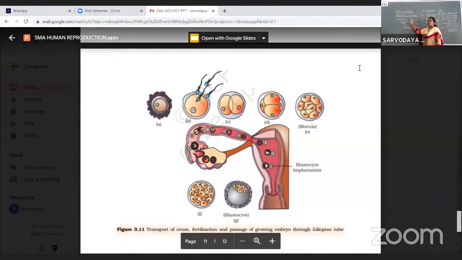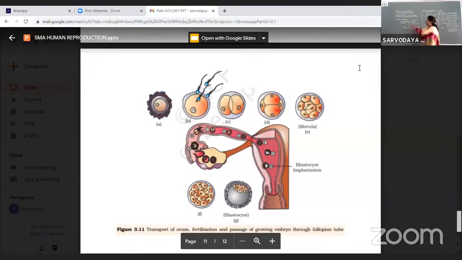So naturally, the fully developed fetus has to be released to the outside. So the signals have to be sent to the brain. Initially, the signal is going to come from the placenta along with the fully developed fetus. They are going to induce mild contraction. So these signals will go to the brain, and from the brain the response is given, inducing a mild contraction.